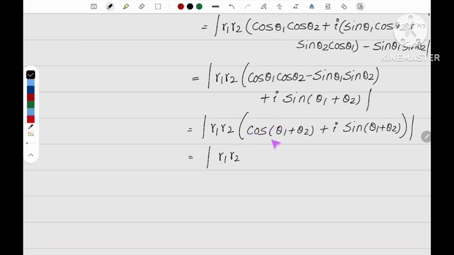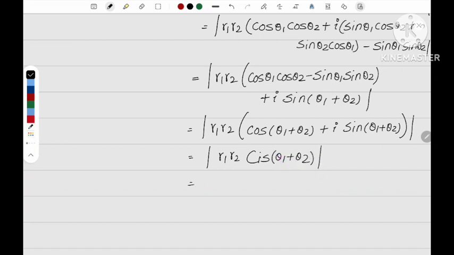So what is this? This is like cos alpha plus i sin alpha, where in place of alpha I have written theta 1 plus theta 2. So I can write cis theta 1 plus theta 2.